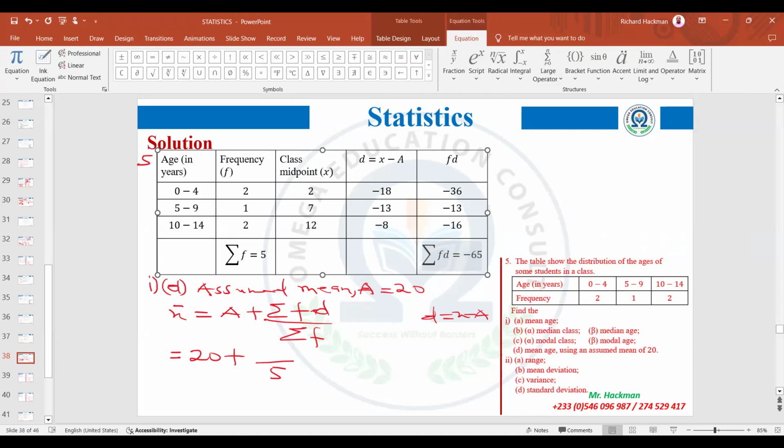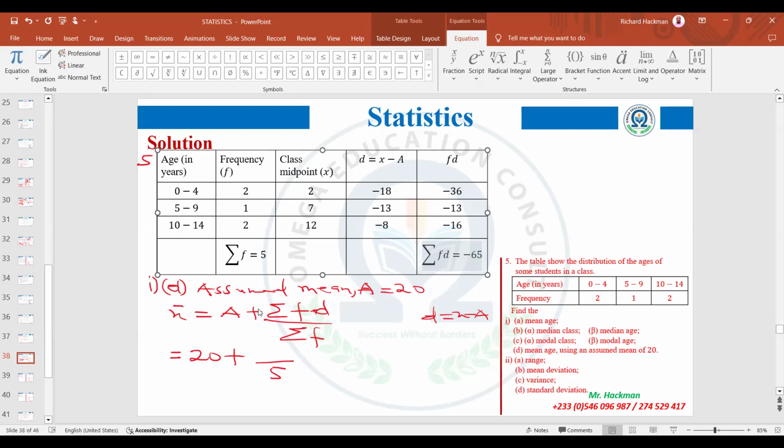Okay, so now take note. I told you that if you assume a mean, it's more than the true mean. Here, we've not found the true mean anyway. Did we do an example on finding the mean using the true mean perspective from a grouped frequency distribution table?